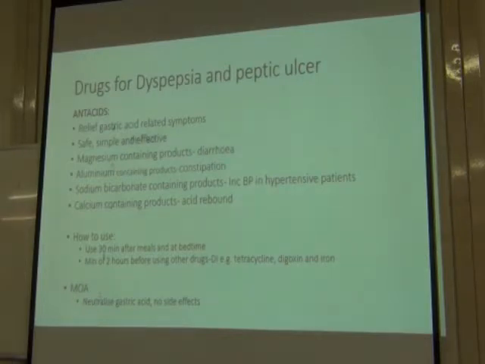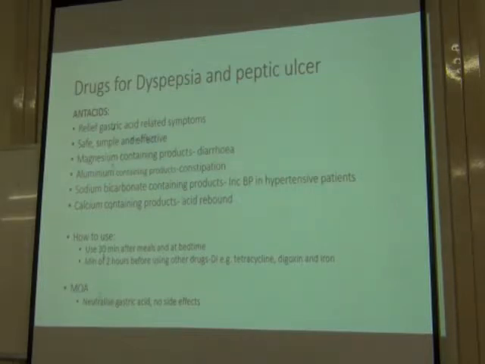Antacids can either be magnesium based, aluminum based, sodium bicarbonate or calcium containing products, and each of them has its pros and cons. Magnesium based antacids usually cause diarrhea, while aluminum based antacids cause constipation.